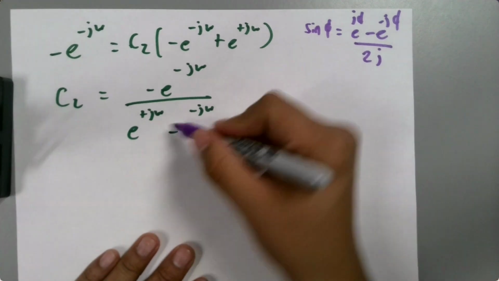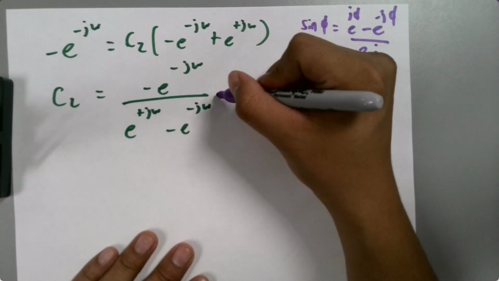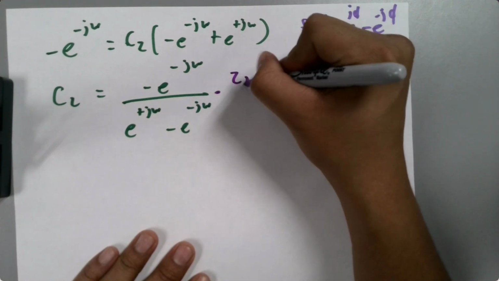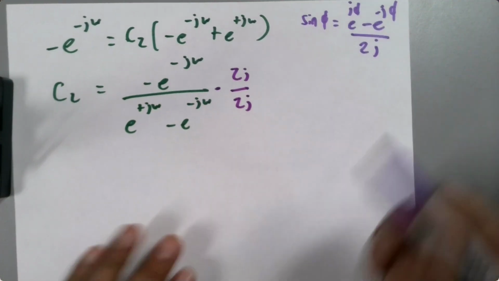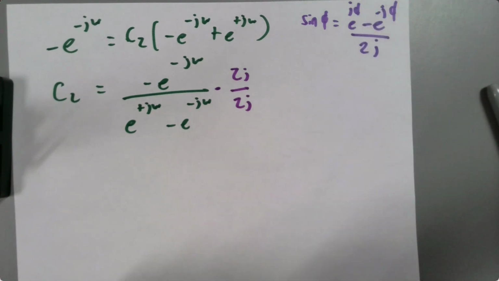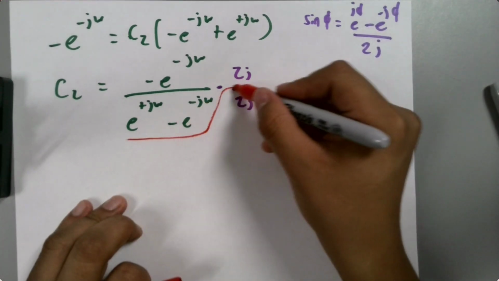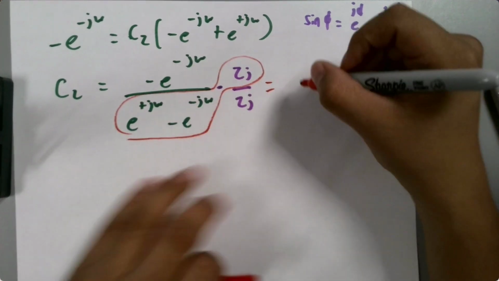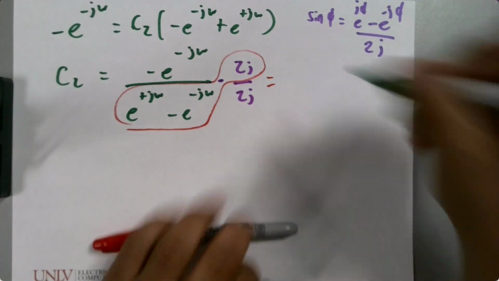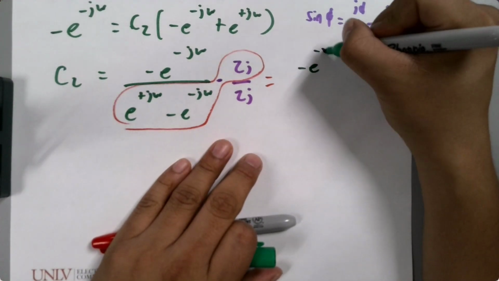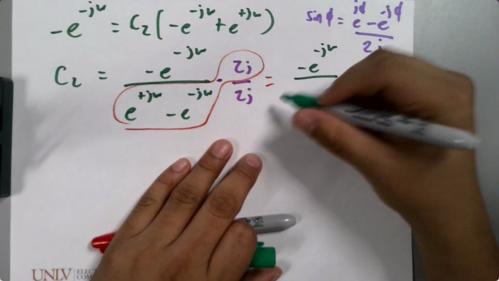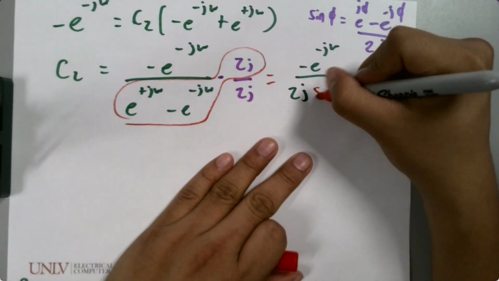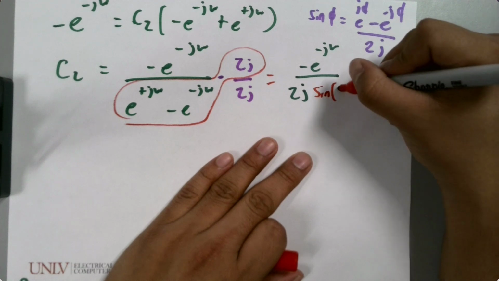All right, so you see that right here. How do we get that 2j to work with us? I'm going to put this 2j right here and 2j right there. And then we can replace this with sine: e to the j omega minus e to the minus j omega divided by 2j is sine omega naught.